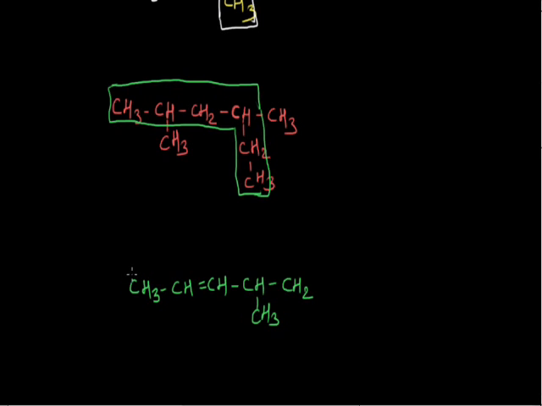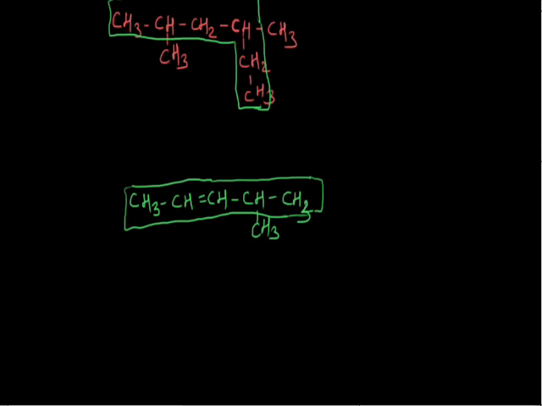The number of carbon atoms in the selected chain determines the word root, which we have already discussed, and the saturation or unsaturation determines the primary suffix, and alkyl substituents are indicated by prefix.